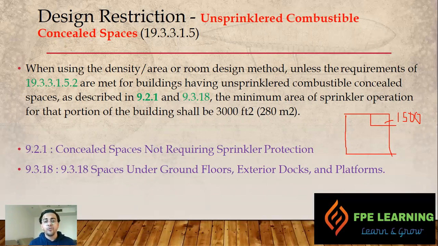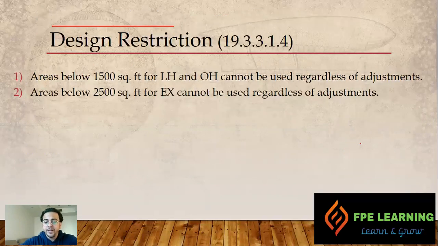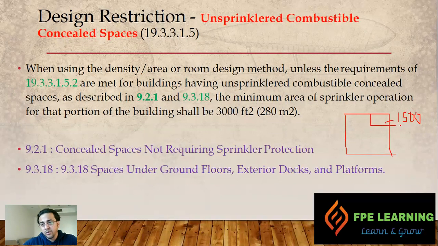Then at that point your area of protection is not going to be 1500 square feet for the light, but it needs to be 3,000 square feet, and then multiply this with the 0.10 density. So now we have a 300 GPM requirement for the sprinkler system.